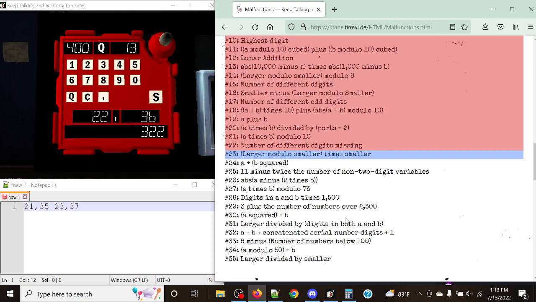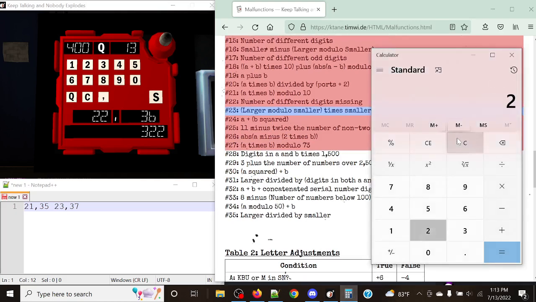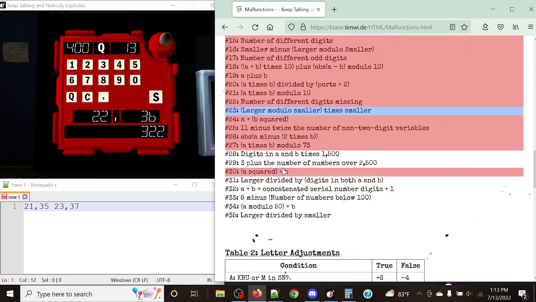I don't think any of the other ones, just to make sure. A plus b squared, nope, that's too high. 11 minus twice the number, nope. Absolute value a minus 2 times b, nope. A times b modulo 73, nope. A squared plus b, no. 22 times 22, that's going to be too high, I think, yeah. 3 plus the number of numbers, nope.